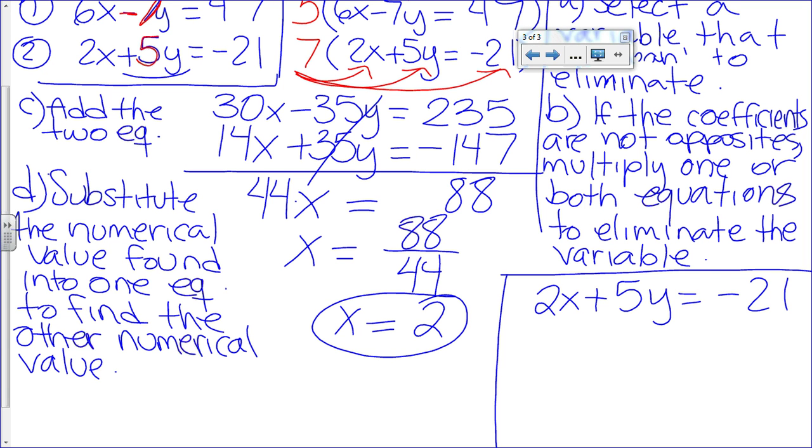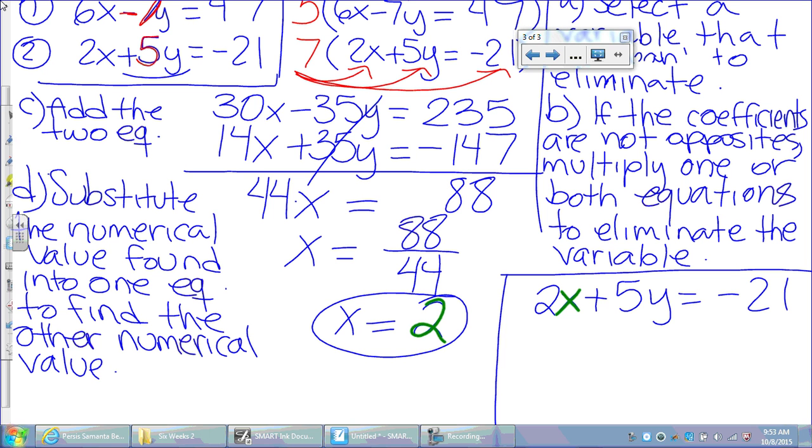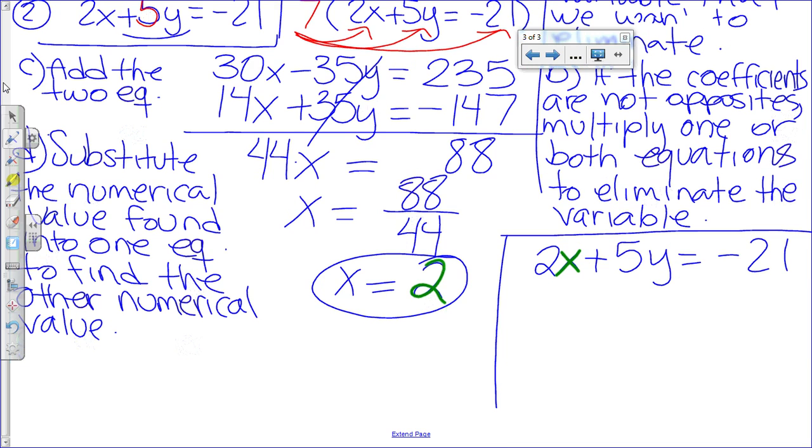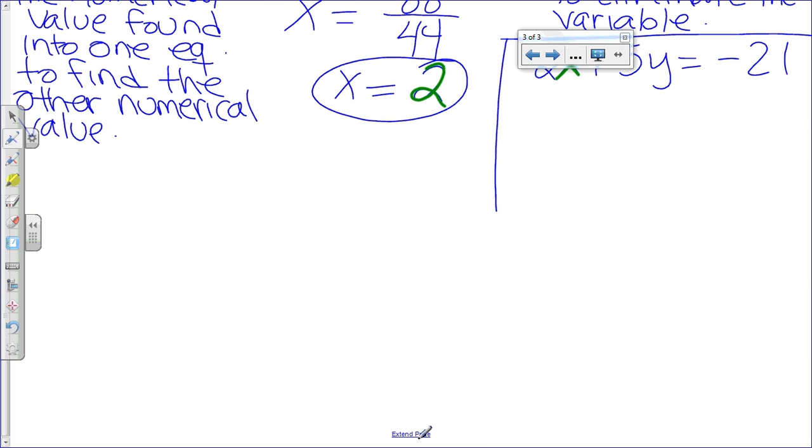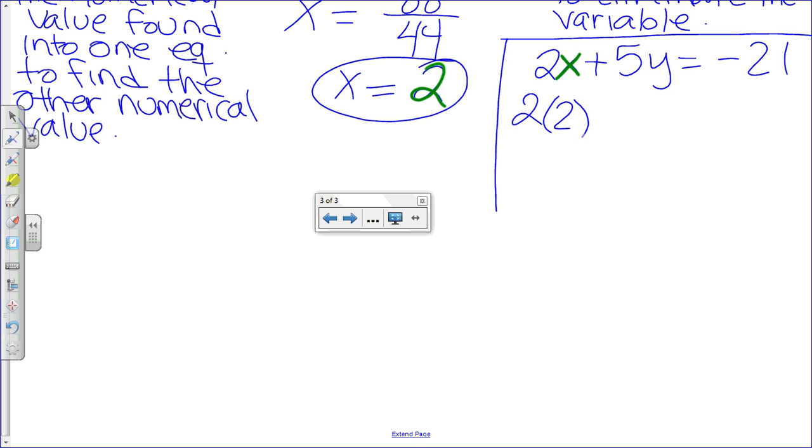So now what I'm going to do is replace this x with a 2. And so that will be 2 times 2 plus 5y is equal to negative 21. So 2 times 2 is 4, plus 5y is equal to negative 21.